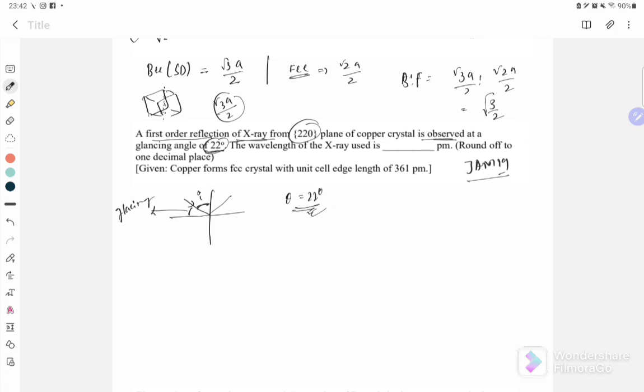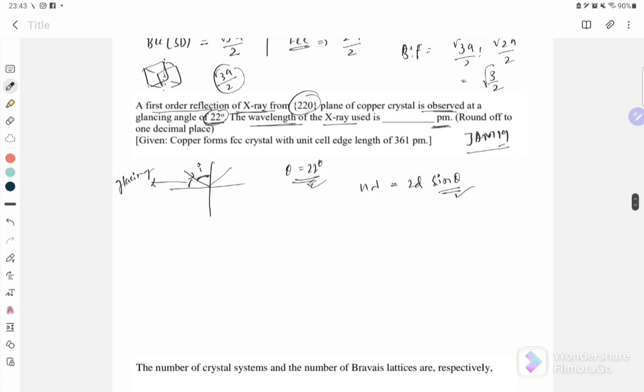X-ray is used, and they asked for the wavelength. We can use n lambda equal to 2d sine theta, with sine 20 degree.